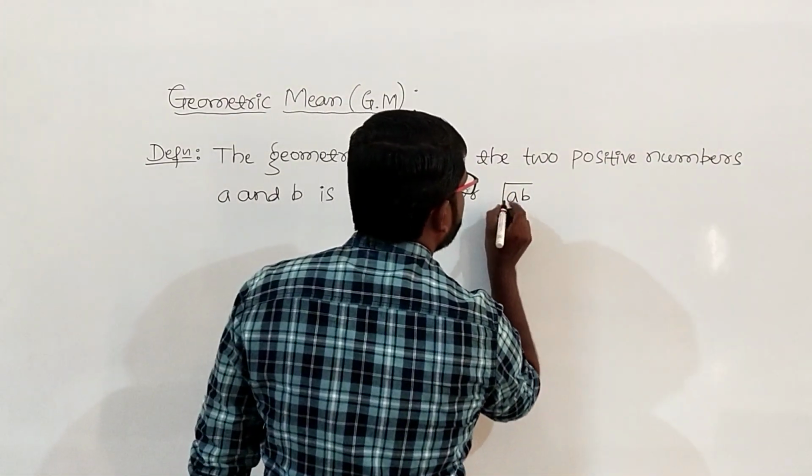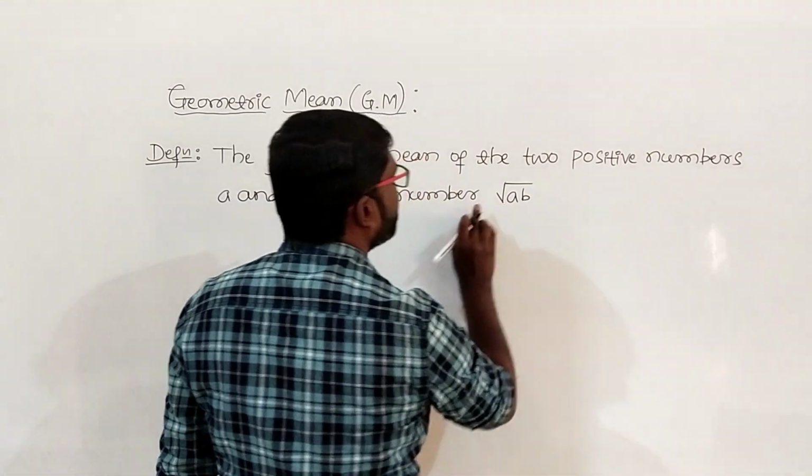This is the geometric mean of the two numbers a and b.